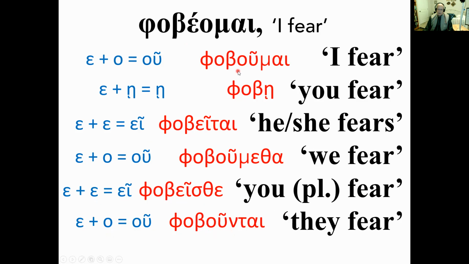So instead of phobeomai, because the verb is phobeomai, in the Greek New Testament, I fear, or I am fearing, phobumai. Phobetai instead of phobeetai. He, she fears. Or he, she is fearing, if I use the continuous present.